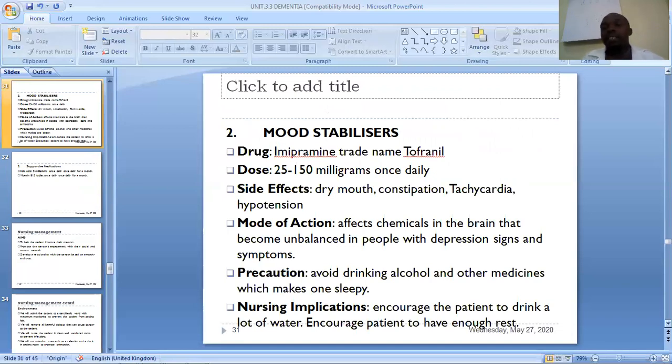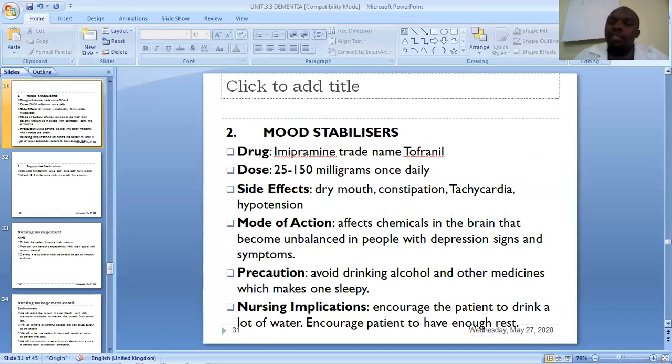If the patient's mood has changed, maybe that time they were aggressive, this time around they go a bit depressed, they show you some signs and symptoms of depression, mood stabilizers can be given, like imipramine, which has a trade name, Tofranil. The dose is 25 to 150 milligrams once daily.